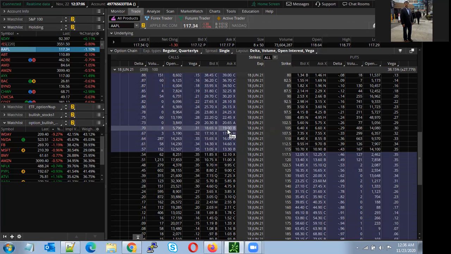A good statistic, as per the Tastytrade guys, who have that statistic: more than 45 days out, if you buy around 75 or 80, 70 to 75 delta is good. And on the selling side, 30 or less delta is good, because the stock may not go to the 30 delta in 45 days, right?